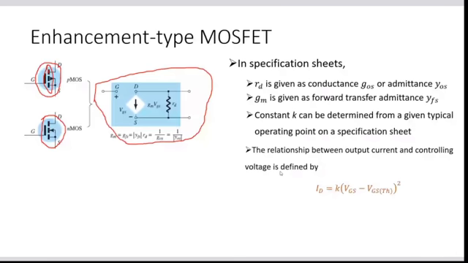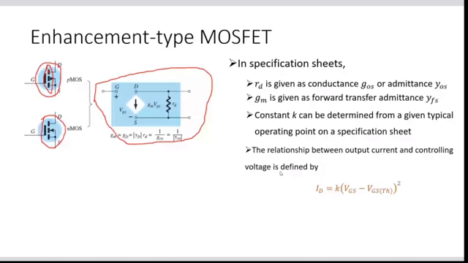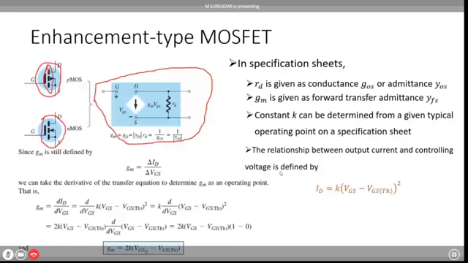Normally we get gm by differentiating this equation, ID with respect to VGS. So we can easily derive that gm just by differentiating this equation with respect to VGS. That is what is being done here.